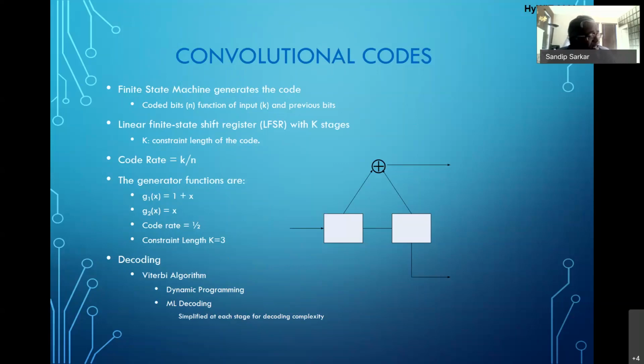Why are they non-recursive? Well, if you have a non-recursive convolutional code and a recursive convolutional code with the same constraint length, what is meant by the constraint length is the number of shift registers you use to generate the code. For example, here is an example shown on this page where the constraint length is 3. The code rate is half here, so for each 1 bit input, you get 2 bits output.